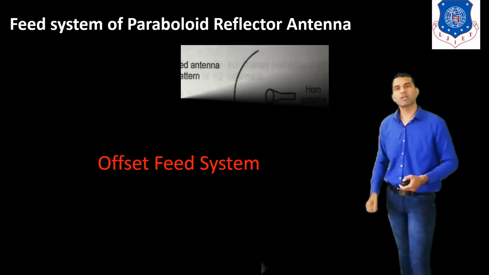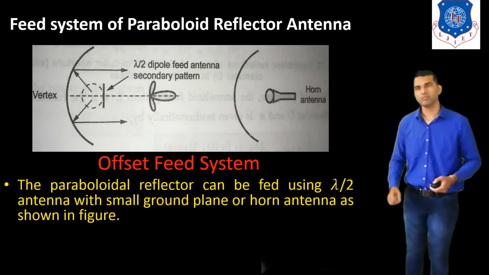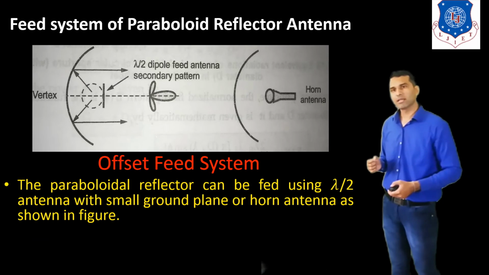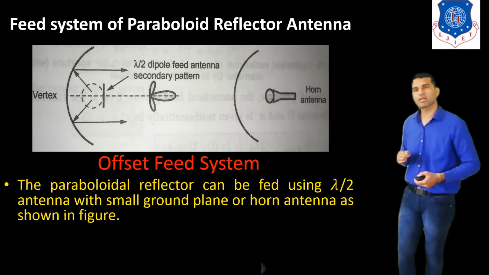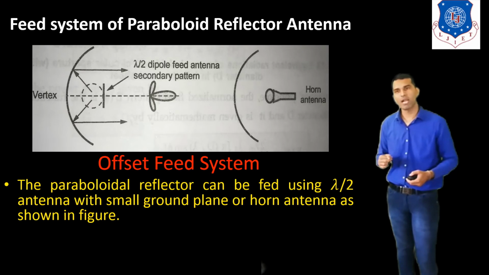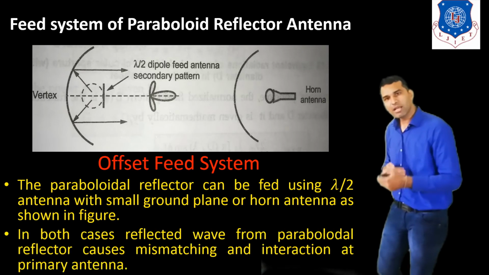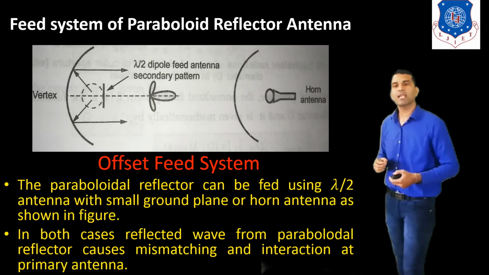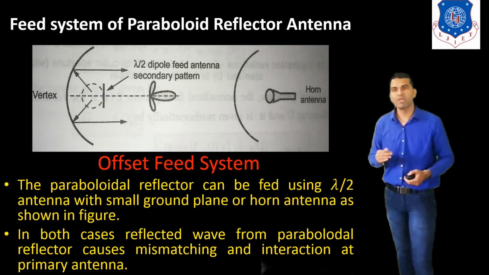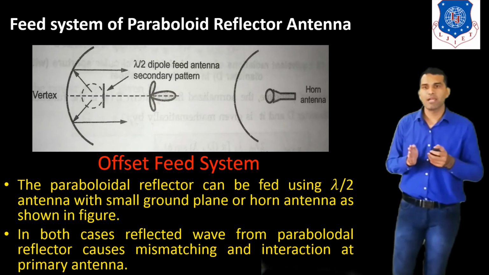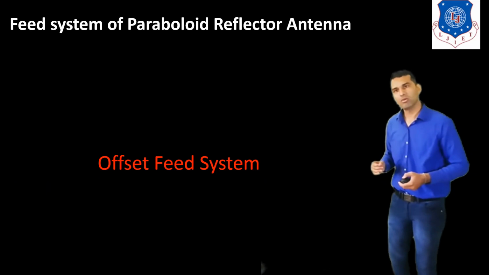Now the next feeding system is the offset feed system. The paraboloid reflector can be fed using a λ/2 antenna with a small ground plane or the horn antenna as shown in the figure. In both cases, the reflected wave from the paraboloid reflector causes mismatch and interaction at the primary antenna.